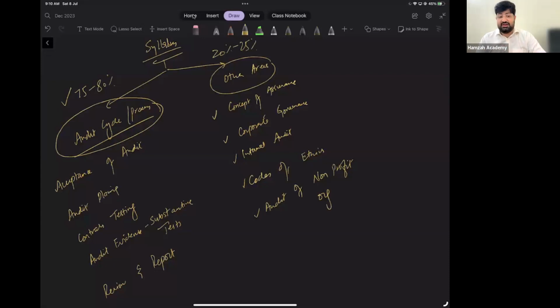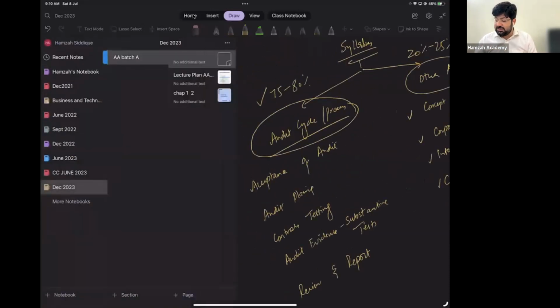Yes, this is your syllabus of audit and assurance, and then we proceed.